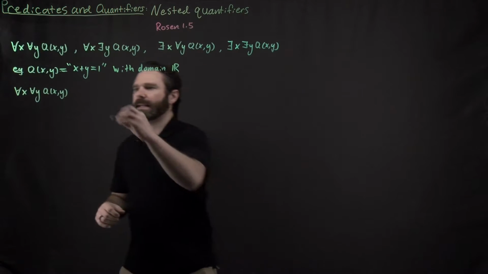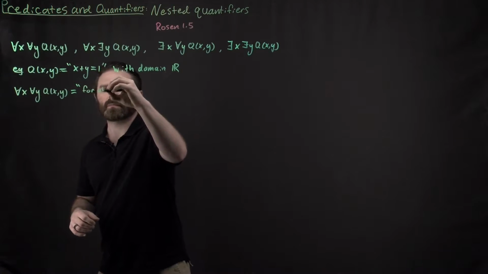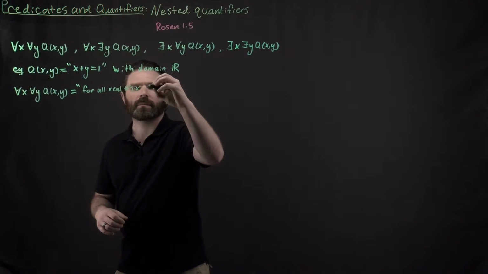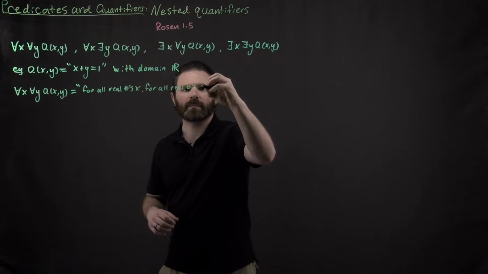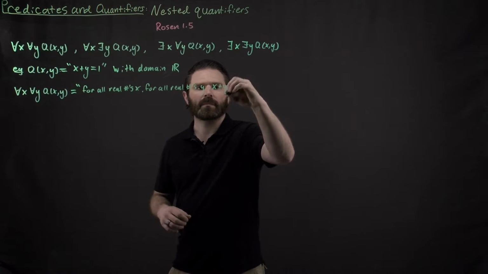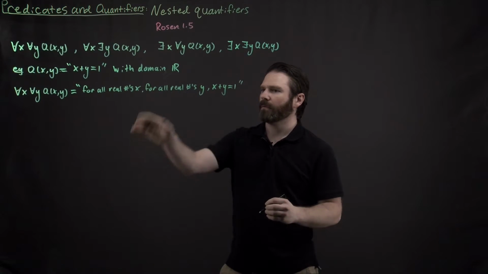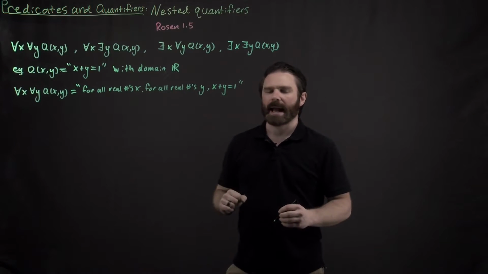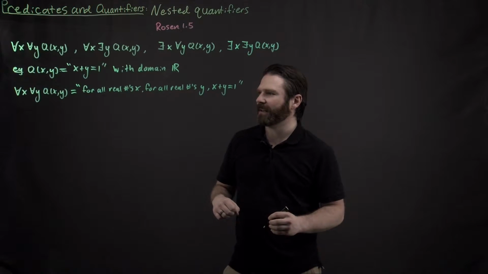So what this says is for all real numbers x, for all real numbers y, and then I take my propositional function right here, x plus y equals 1. And this, you can tell probably right off the bat, is false.